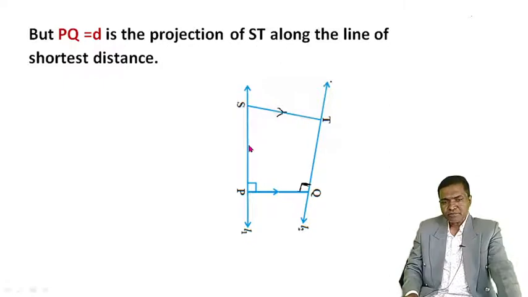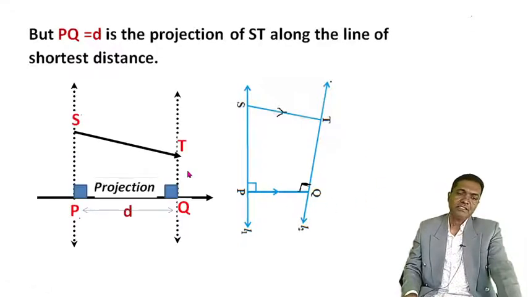See here, as PQ is perpendicular to L1 and L2, this line is also perpendicular to PQ and TS is perpendicular to PQ. Vectors can be shifted, so you can understand that these are the feet of perpendiculars drawn from S and T. So definitely PQ is the projection of the vector ST.